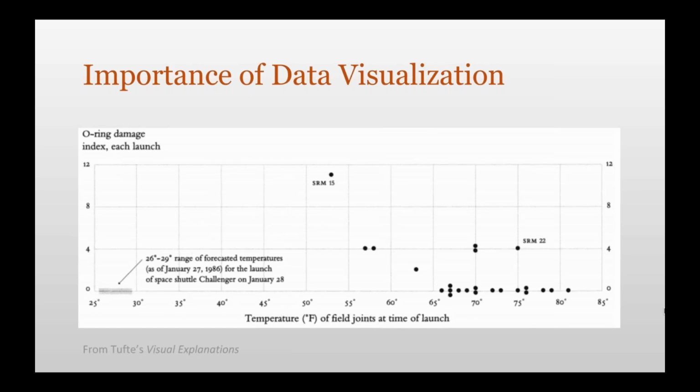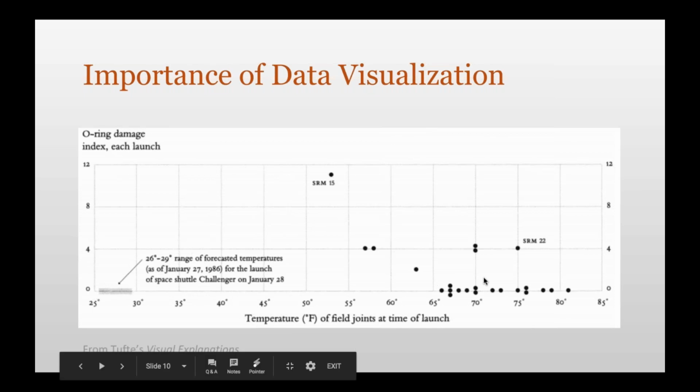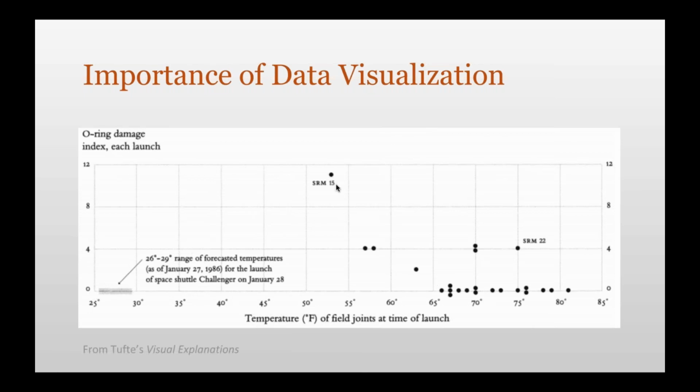If you wanted a robust statistical analysis, you would need to try things out at all temperatures and see what happens. But despite the sparsity of the data, you could still visually see what's happening. You have over here one or two accidents, and then as you get to lower temperatures, it becomes a bit more consistent.